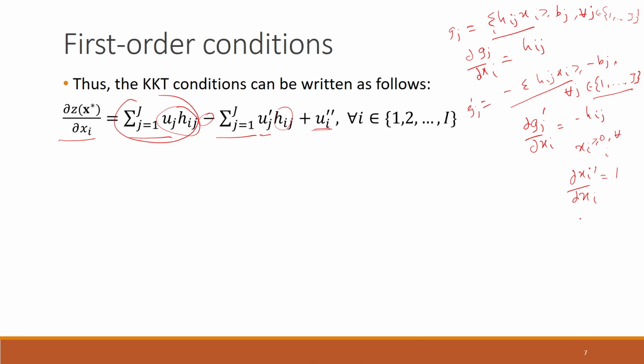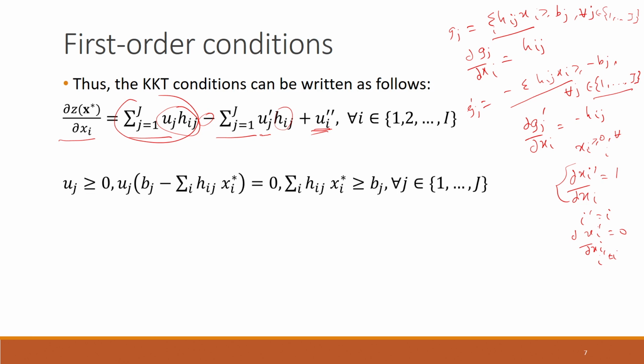This partial derivative will be equal to 1 if i dash is equal to i, otherwise it will be equal to 0. So that is why there is a single term here, ui double dash times 1, okay, because this partial derivative is equal to 1 only when we have the same index; otherwise we will be having 0 here. That is why there is a single term here. Okay.